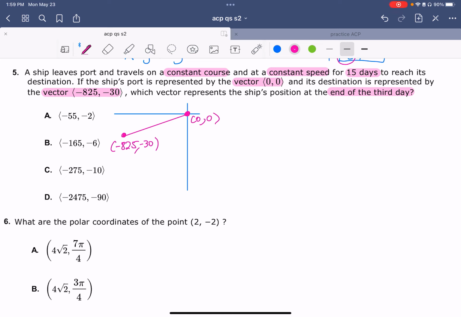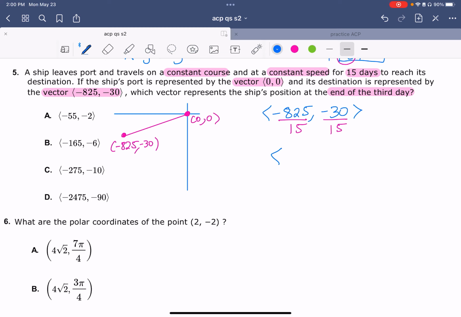So what you can do is figure out how far they travel every single day by dividing the vector by 15, and then you can multiply it by 3 to figure out the distance after the third day. If we have the final vector (-825, -30) and you divide those numbers by 15, then you figure out how much they travel every single day.